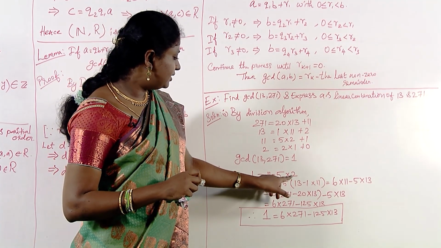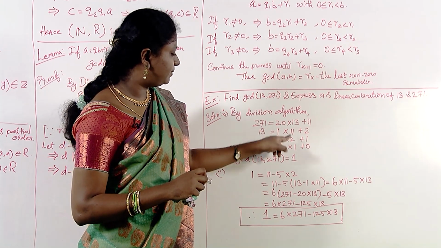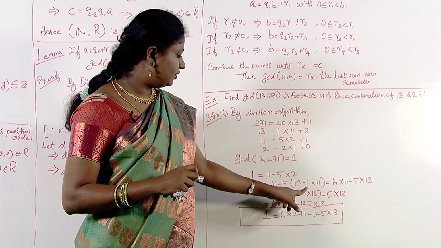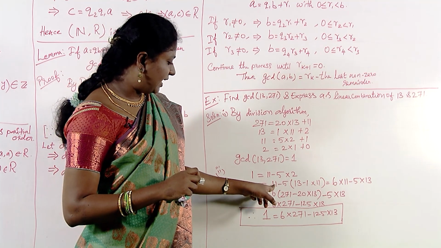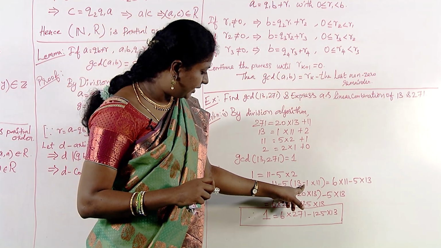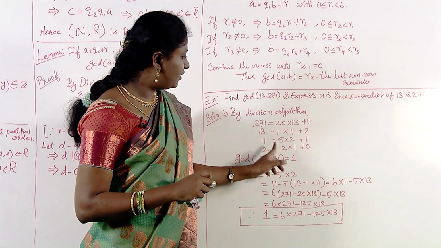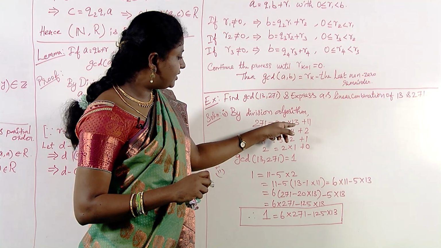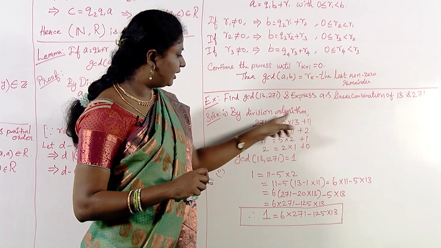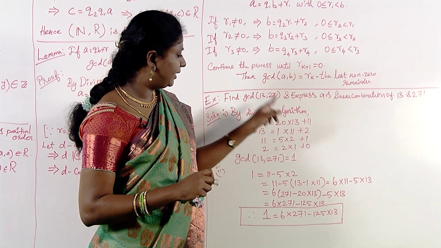And again, this 2 can be written as 13 minus 1 multiplied by 11, right. So, you have 11 minus 5 multiplied by 13 minus 1 multiplied by 11, and after that wherever you can substitute 13 or 11, you get 271 minus 20 multiplied by 13.